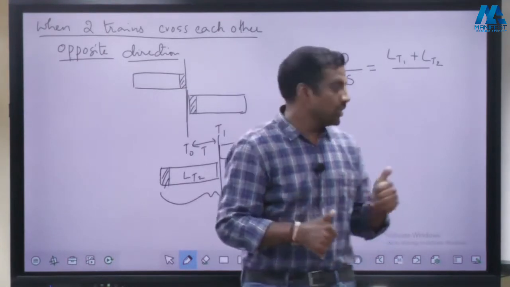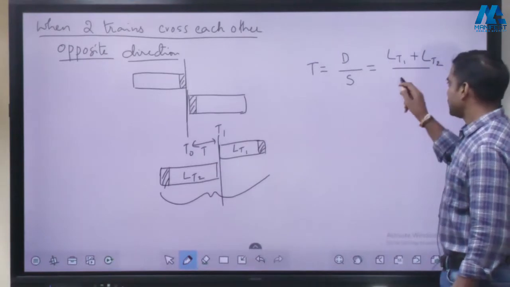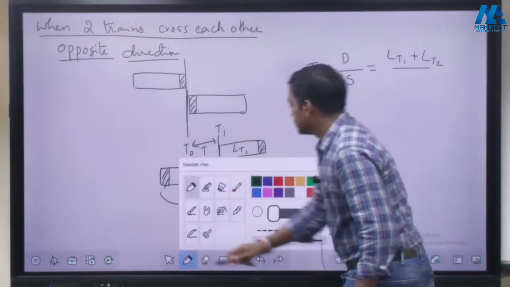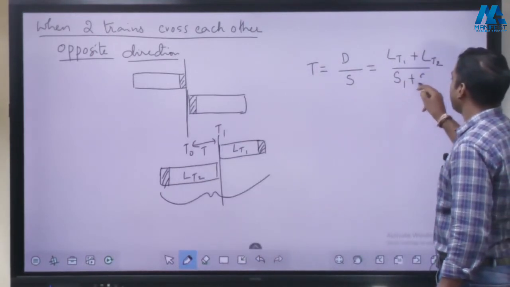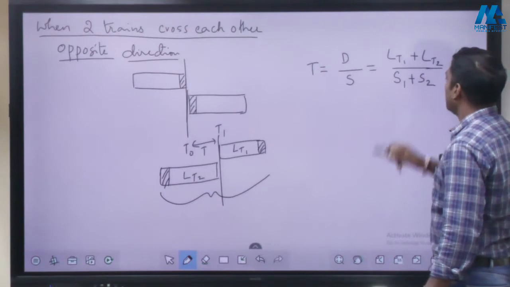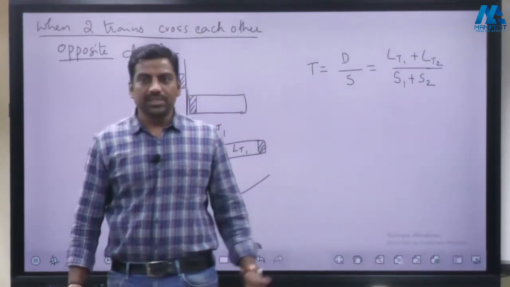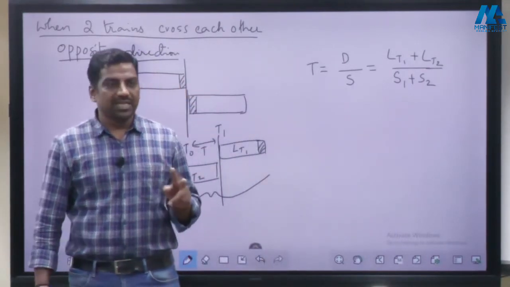Done? So in this case, what should I do for the speed? So far, we had taken only one speed in the earlier two cases. But in the third case, since two objects are moving, we have to consider their speeds.